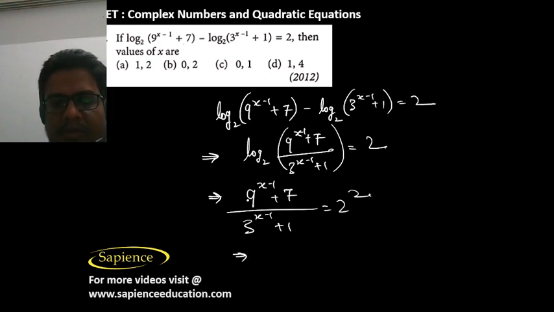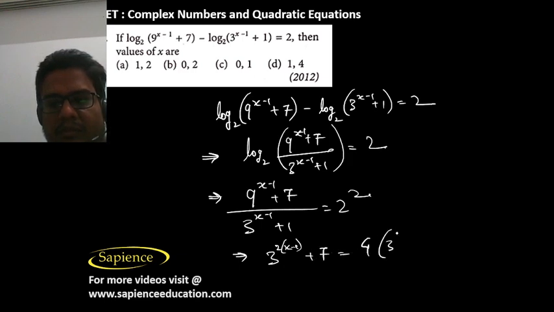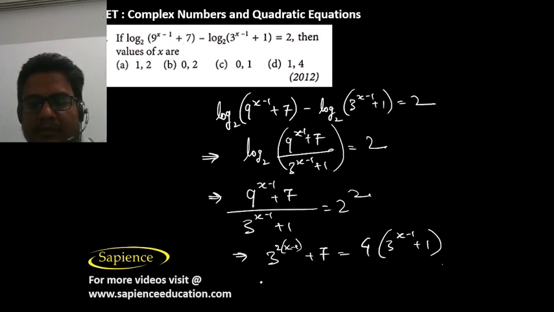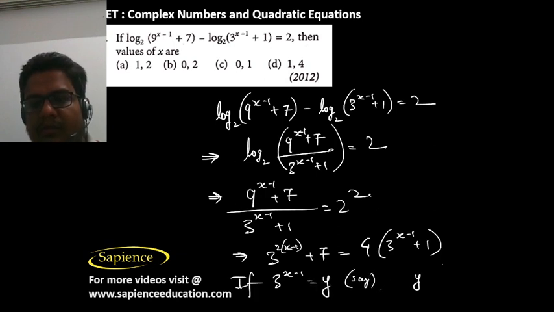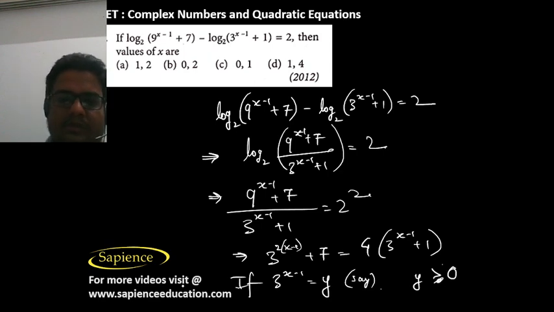So this I can write as 3 power 2 into (x minus 1) plus 7 equal to 4 into (3 power x minus 1 plus 1). So if we take 3 power x minus 1 equal to y, suppose, it means that y should be greater than 0 obviously. y cannot be equal to 0.